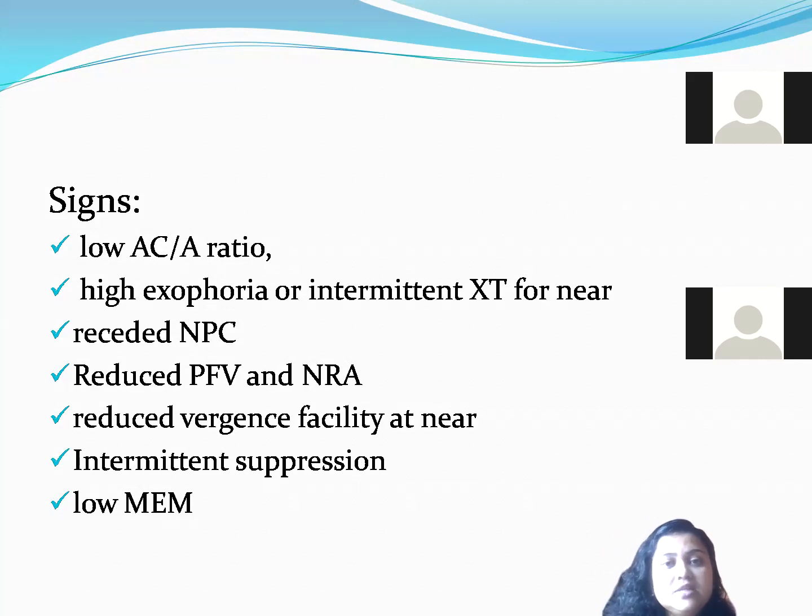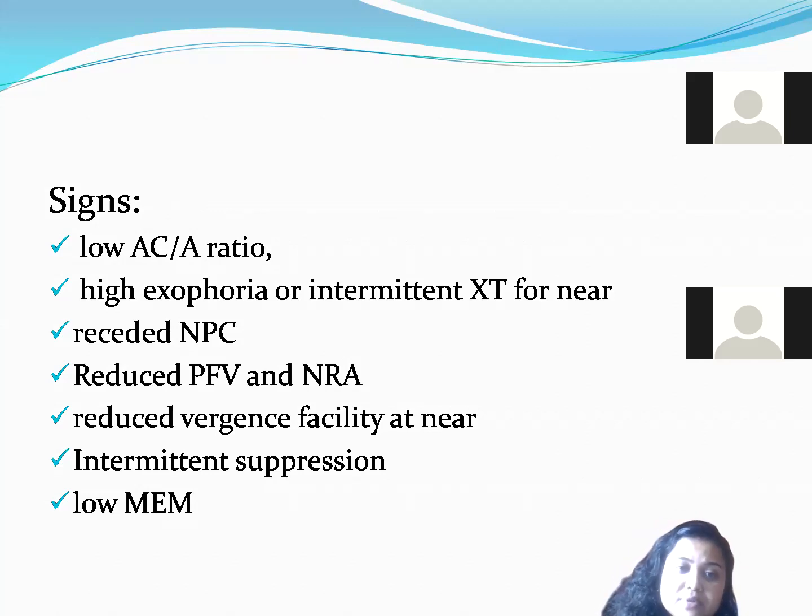So that is an indirect measure of negative relative accommodation, right? So my divergence is happening, so that is also measuring your NFV. And positive relative accommodation means it is stimulating the accommodation. So first the positive fusional convergence will work, and then your accommodation will get stimulated. So that is the reason it is an indirect measure of the PFV.